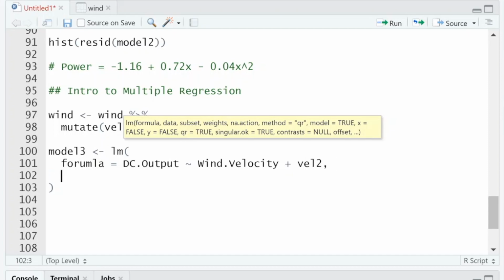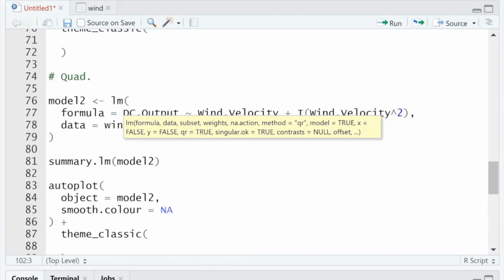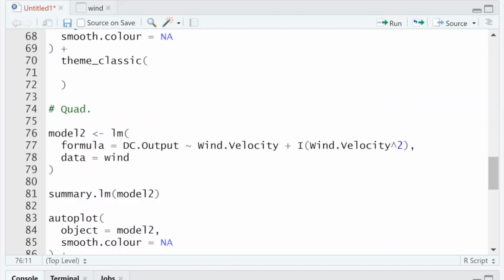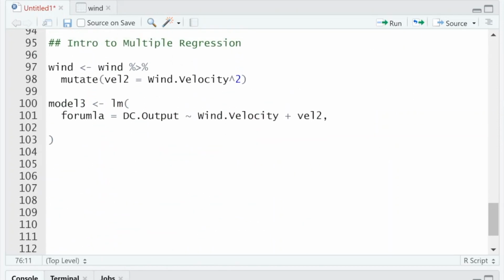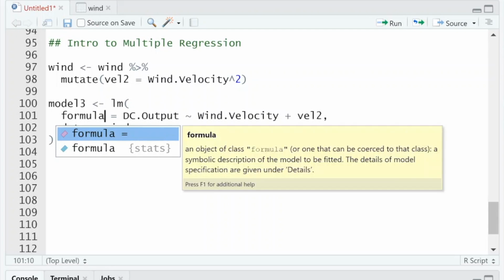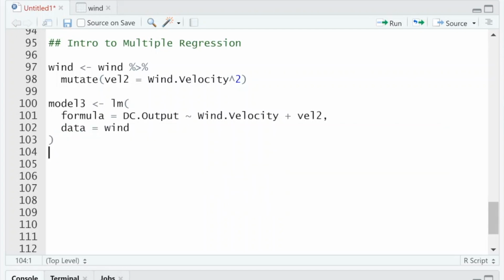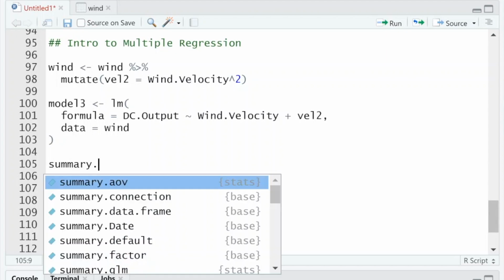Okay, so it's doing the same thing as we did up here, except now we have a new column that we've made. And the data is going to be wind. Oh, hey, spelling is important. Formula. Okay, so we run that, and then we can hit it with this summary.lm again.